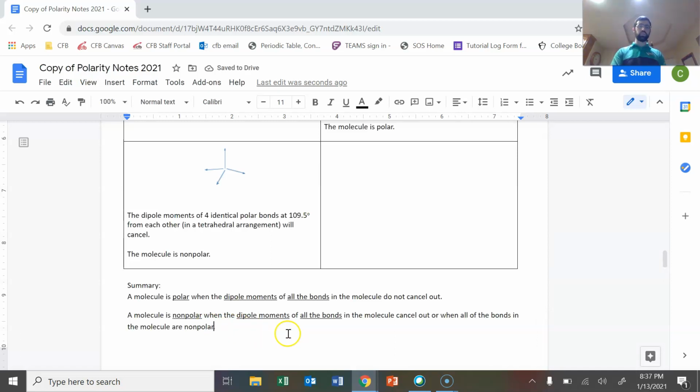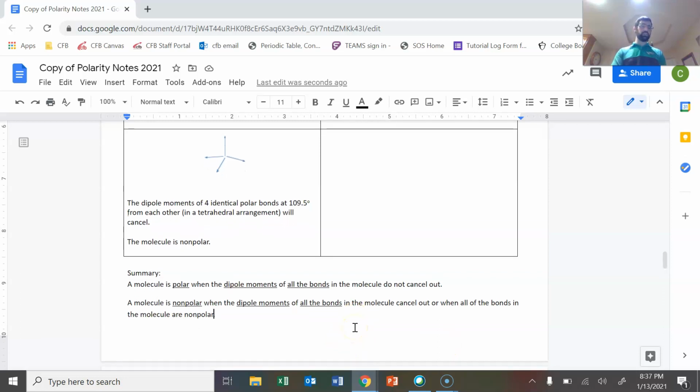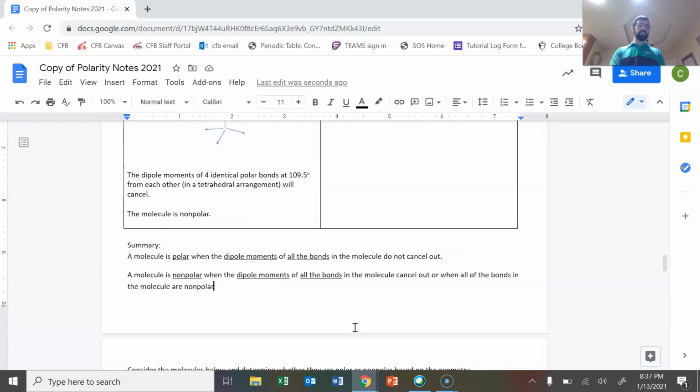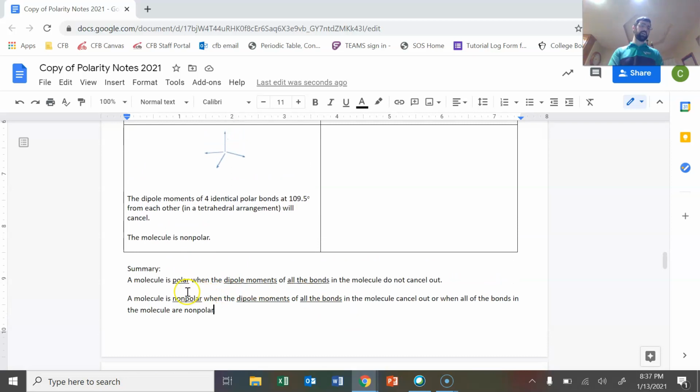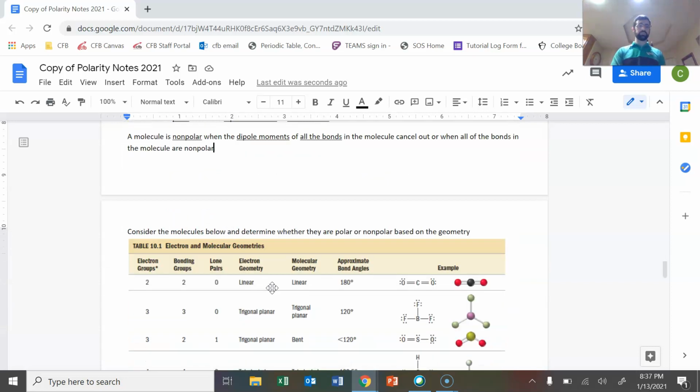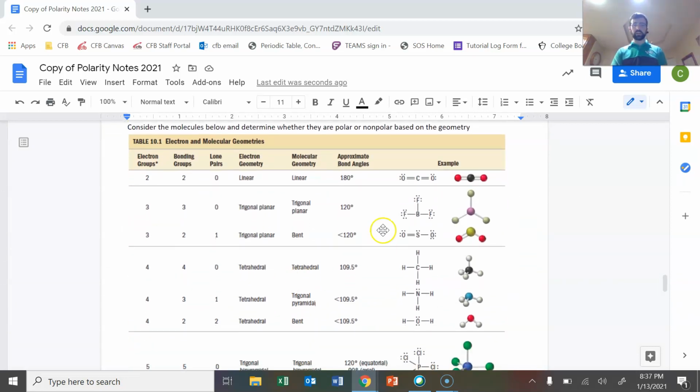So those are the two ways that a molecule will be nonpolar: when the dipoles cancel out, or when all the bonds in the molecule are nonpolar. So the only time you're going to see a polar molecule is when you have a polar bond that does not cancel out. We've got some examples down here.